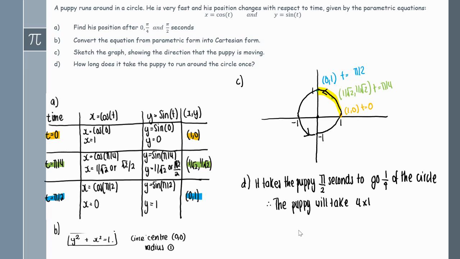So the puppy will take 4 times pi on 2, that is 2 pi seconds, to run around the whole circle. So that's really like 2 times 3.14, so just over 6 seconds to do a full circle. Notice this is also the period of the function.